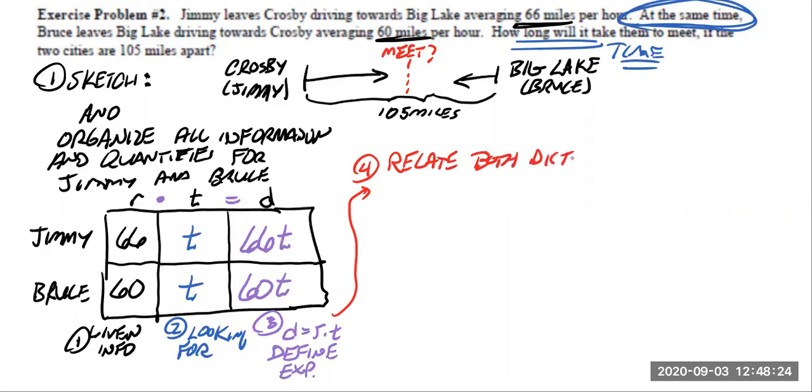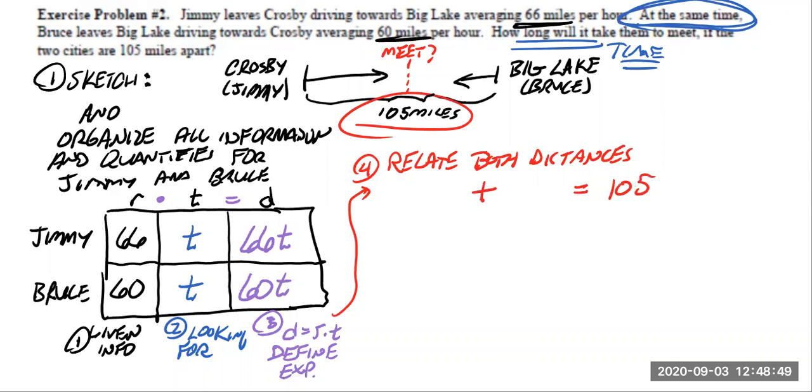Is there something we know about both distances traveled? So one of the things that I know about their distances is that the two cities are 105 miles apart. So if I total the distances, if I add their distances, I should get 105 miles.